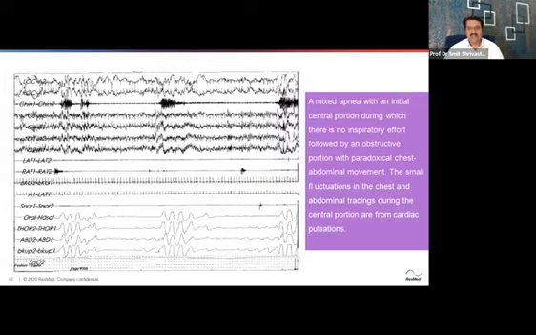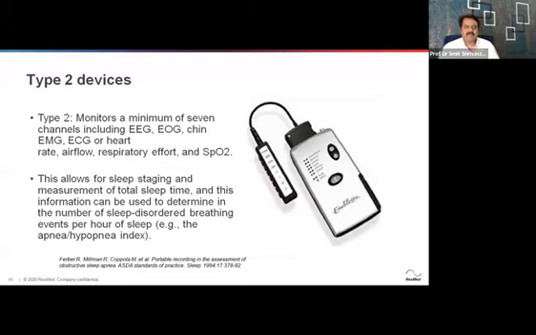Mixed apnea is a combination of both, with an initial central portion with no inspiratory effort, followed by an obstructive portion, and then paradoxical chest and abdomen movements. The small fluctuations in the chest and abdomen just prior to the larger fluctuations are probably because of chest and cardiac movements.